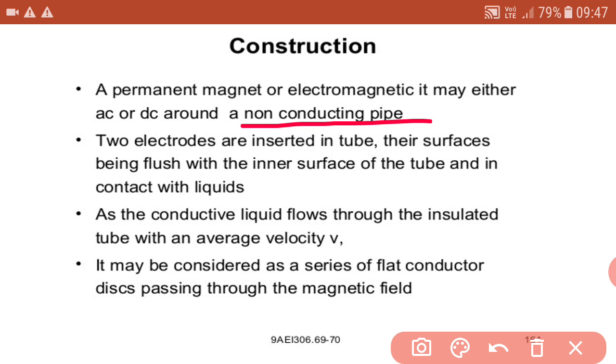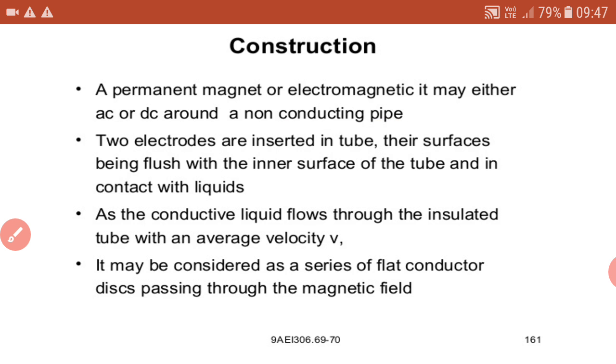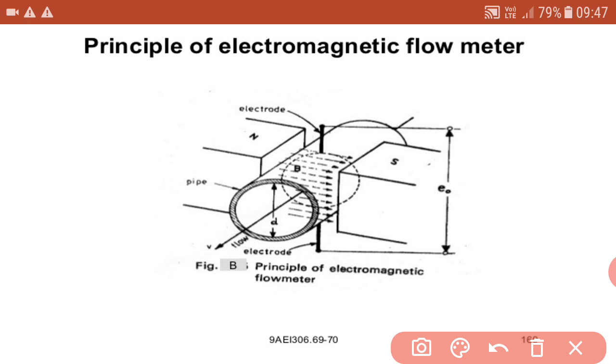Two electrodes are inserted in the tube, their surface being flush with the inner surface of the tube and in contact with the liquid. So these two electrodes are connected with the surface of the pipe, and the inner surface is directly in contact with the liquid flowing through the tube.